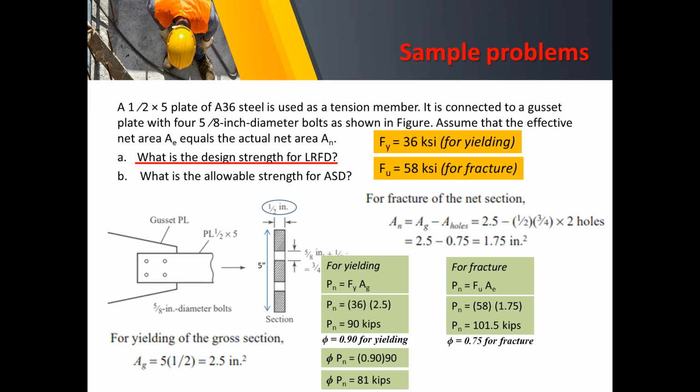So we apply the resistance factor 0.75 for fracture. Phi P_n is equal to 0.75 times 101.5, so finally phi P_n is equal to 76.1. So between the two, yielding and fracture, fracture controls. Therefore, we choose that as our design strength for the configuration.